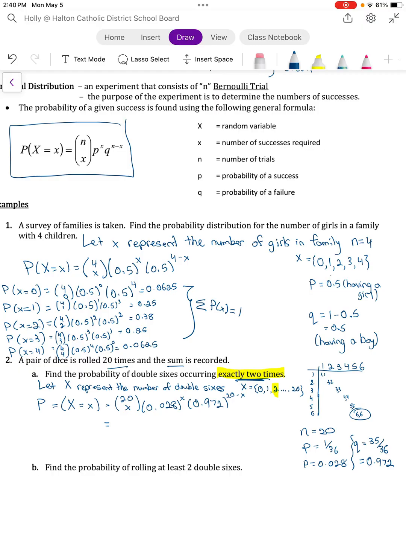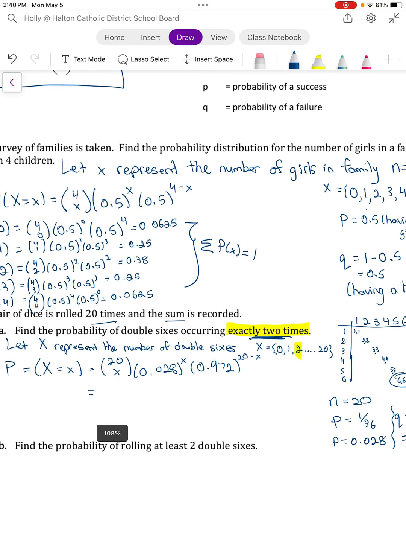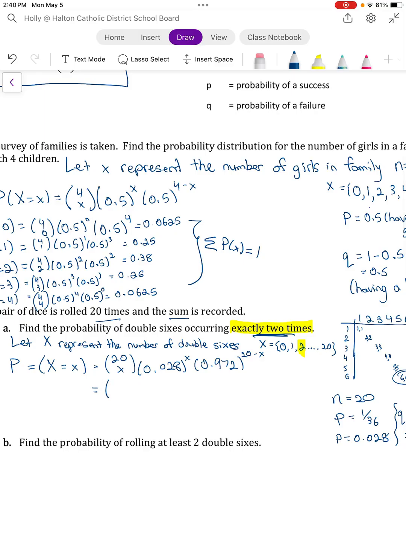So we want exactly 2 rolls of double sixes. So that means X would be 2, 0.028 to the exponent of 2 times 0.972, 20 trials minus the 2, which would give me 18.